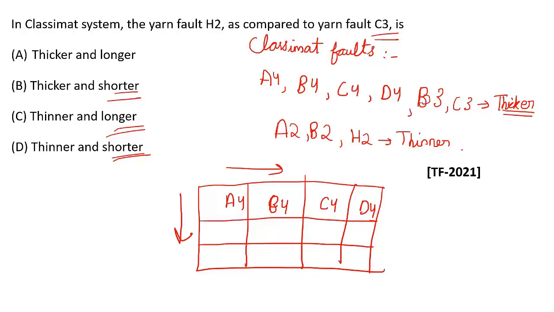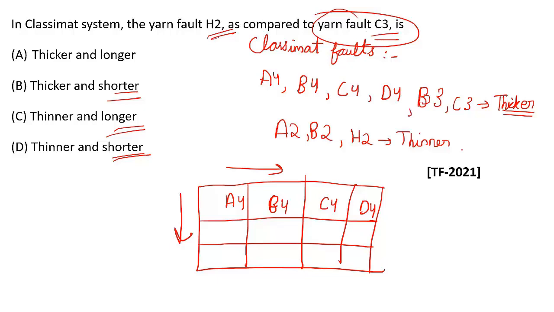So the yarn fault H2 is comparatively thinner, but it is longer. It is about 8 to 32 cm, a long thin fault. So the fault H is said to be a long thin fault as compared to the yarn fault C3. C3 is thicker, but it is shorter as compared to yarn fault H2.